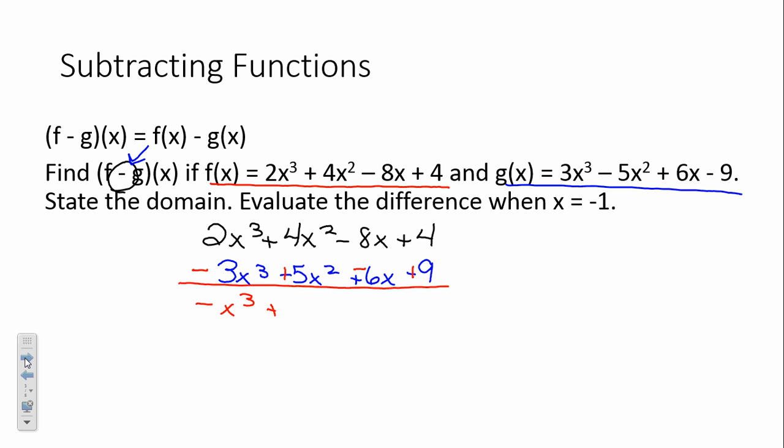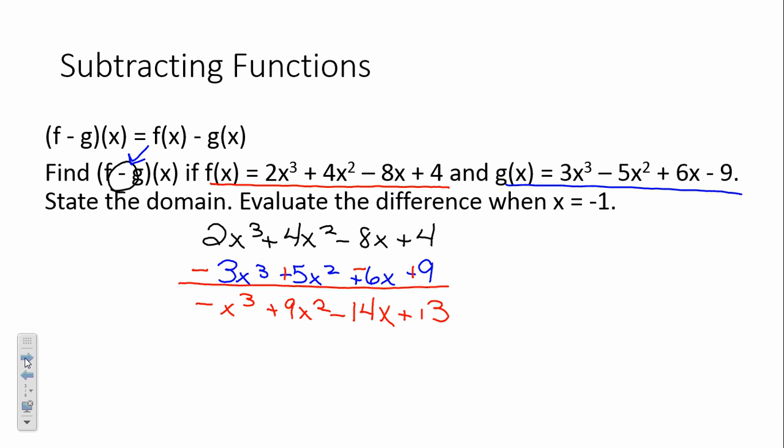Excellent. Negative 8x minus 6x is what, John? Careful, they're both negative now because I had to change the sign. Awesome. And a positive 4 and a positive 9 is what, Jordan? Very nice.